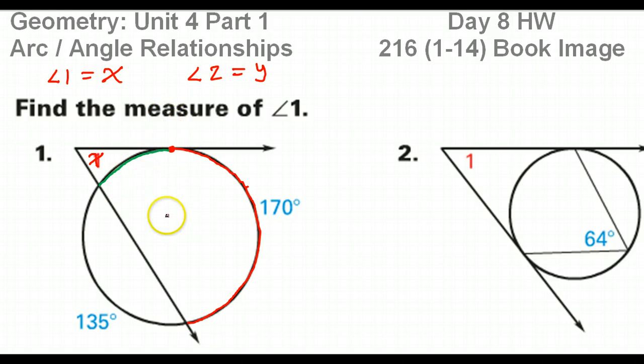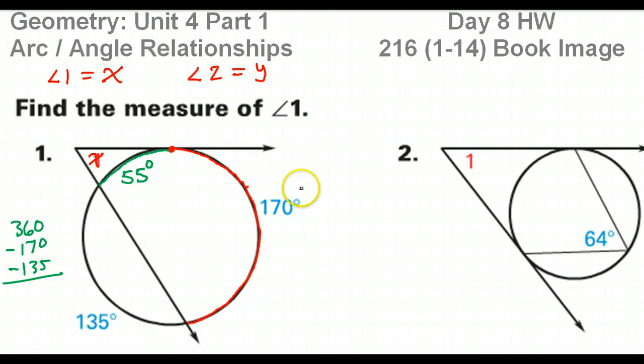And I can find that quite easily because the whole circle is 360. So all I really have to do is go 360 minus 170 minus 135, which is 55 degrees. Okay, it's all got to add up to 360. Now I have the 2 angles that I need, the red and the green.